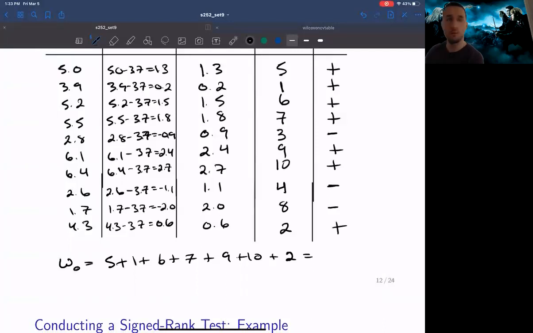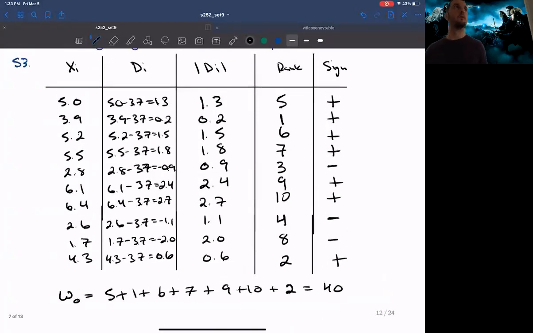Okay, so that is equal to 40. Any questions?